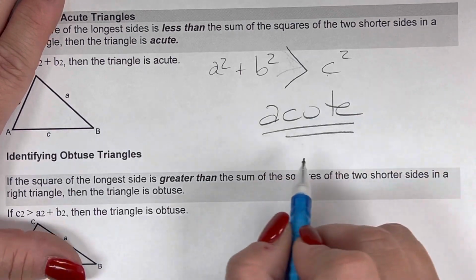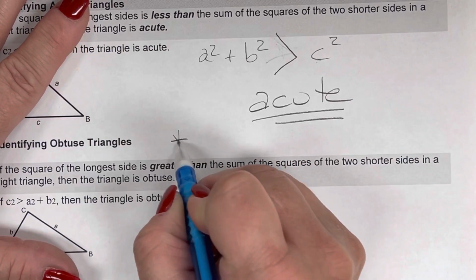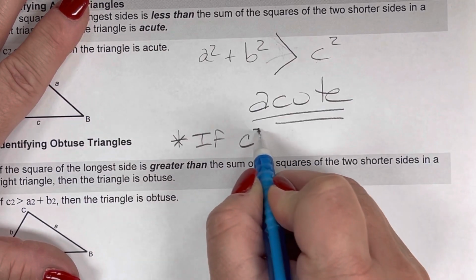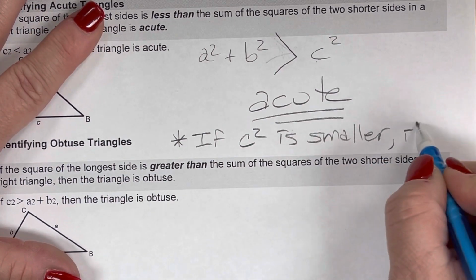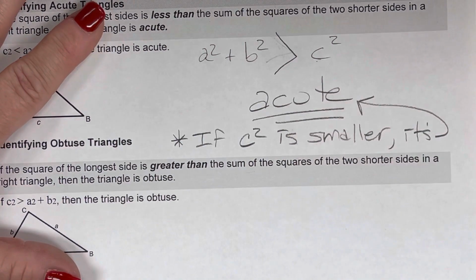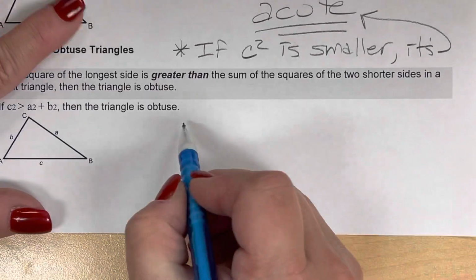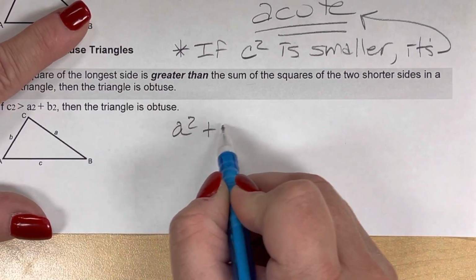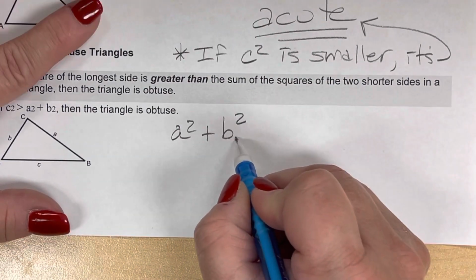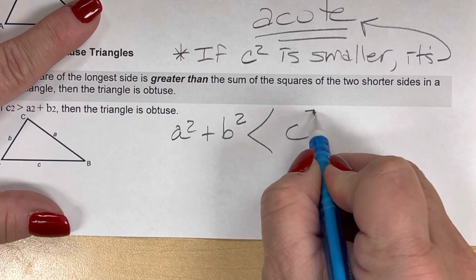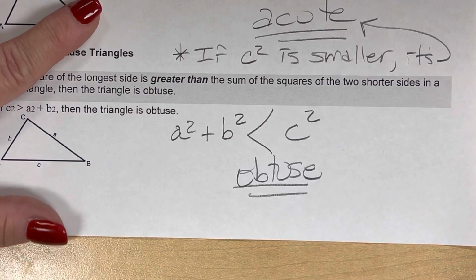Okay? So, in other words, if you want to write it in easier terms, if c squared is smaller, it's acute. Okay? And then the same thing with obtuse. Okay? If you have a squared plus b squared, and that is less than c squared, then your triangle is obtuse, okay?